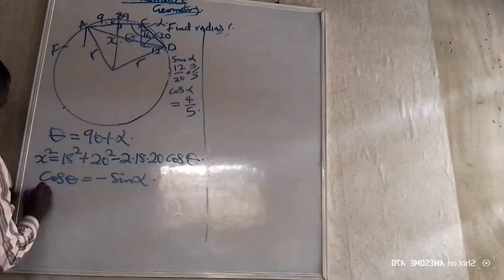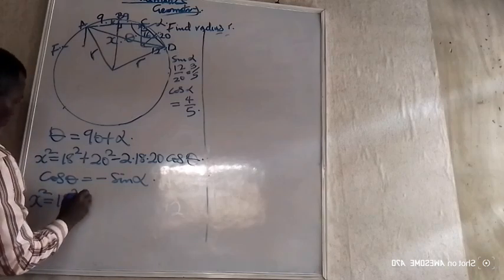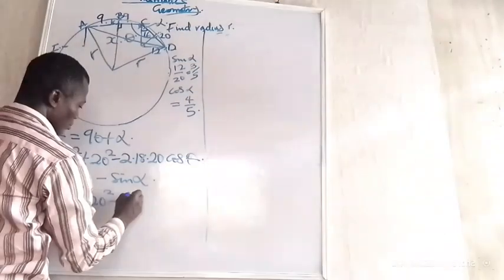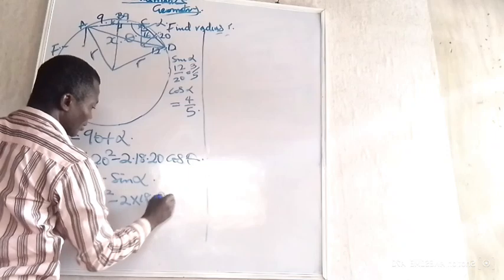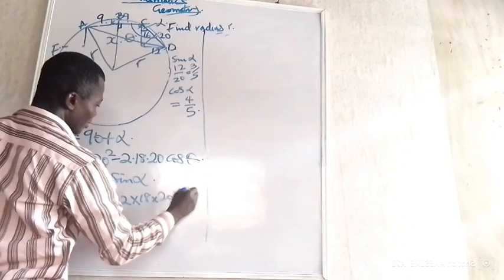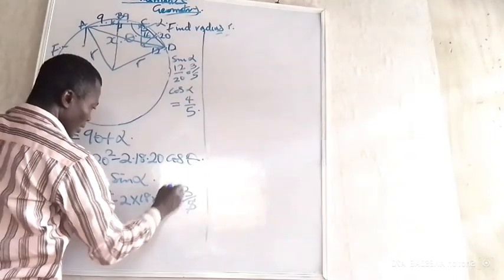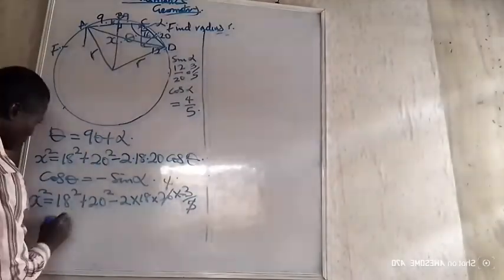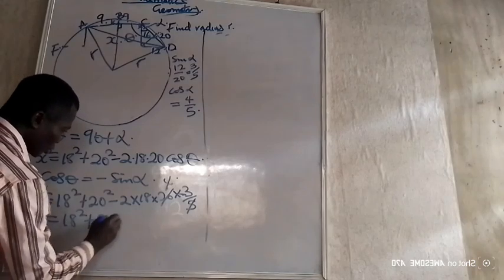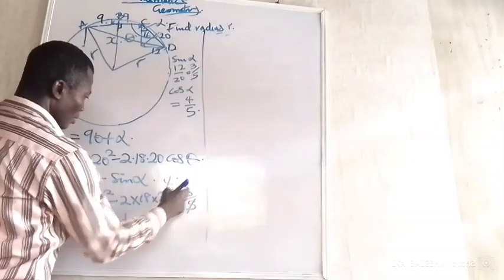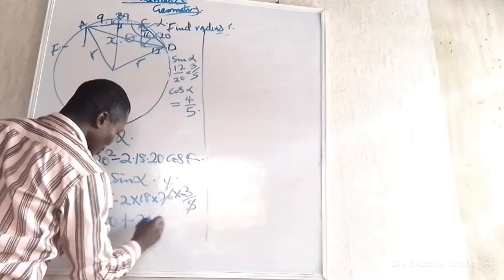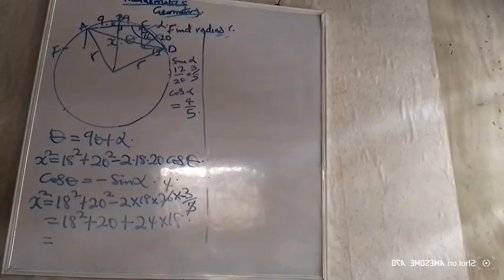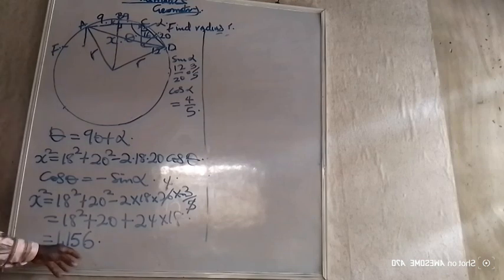So we can say x squared is equal to 18 squared plus 20 squared minus 2 multiplied by 18 multiplied by 20 multiplied by, minus, sorry, 3/5. So at the end of the day, we are going to have 18 squared plus 20 squared plus 24 times 18. And x squared is 1156.